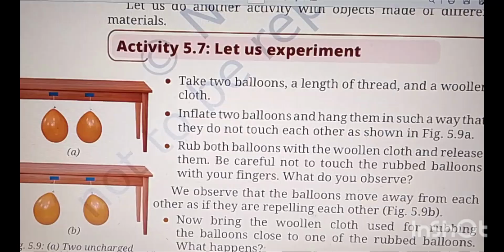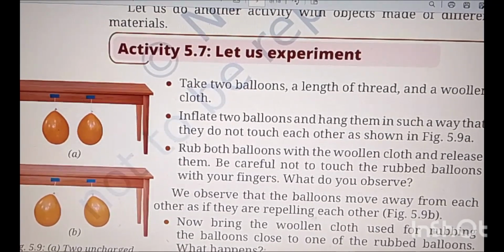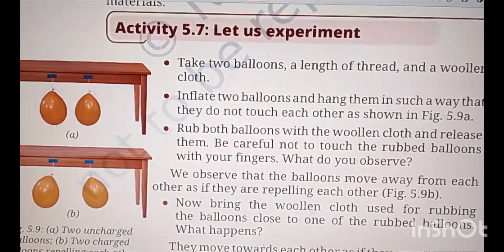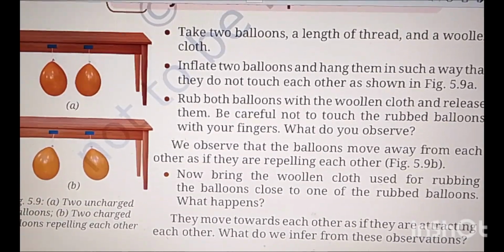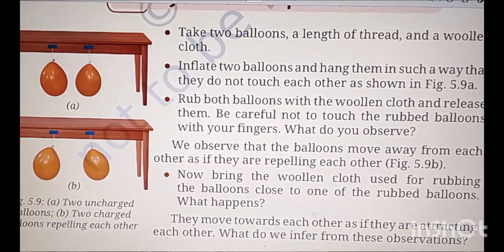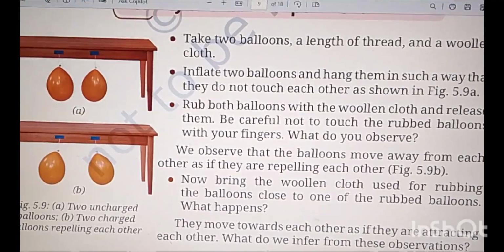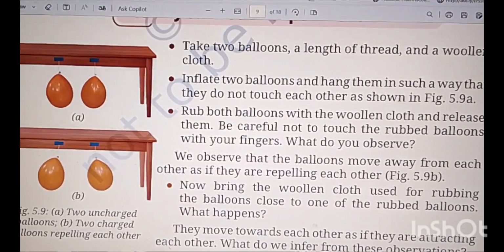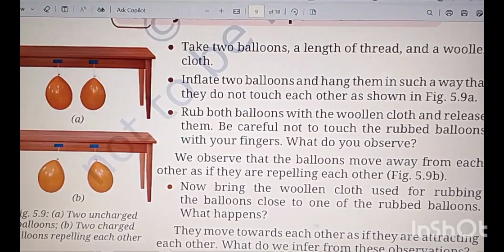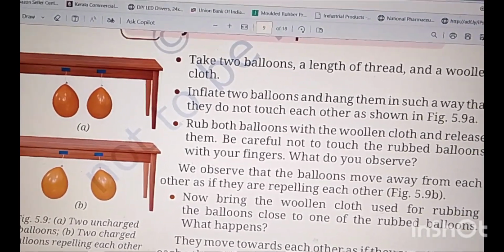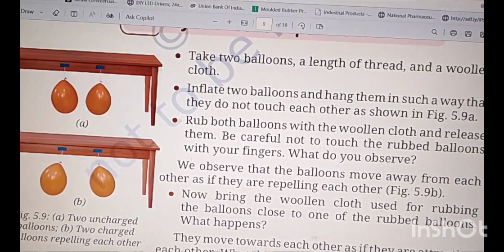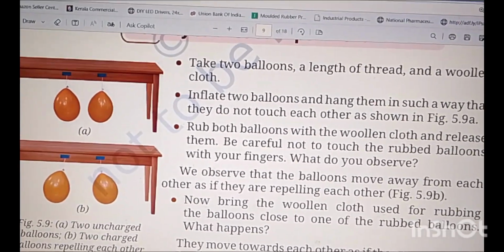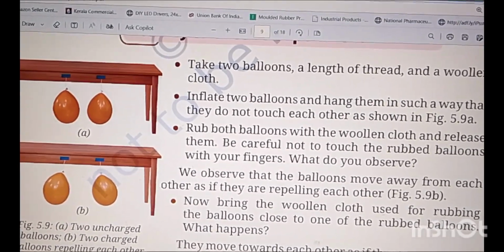Now secondly, we are bringing the woolen cloth used for rubbing the balloons close to one of the rubbed balloons. Then we feel that the balloon is showing some kind of attraction. This is because we know like poles repel. Here in the first case, the repulsion between the two balloons is because both balloons have the same charges, so they get repelled.